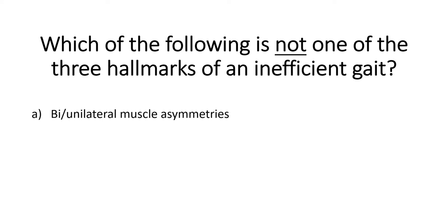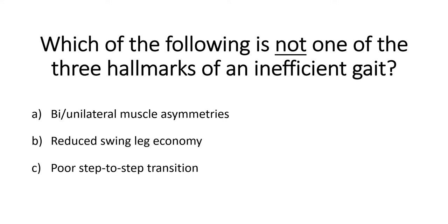So a uni or bilateral muscle asymmetry. B. Reduced swing leg economy. C. Poor step-to-step transition. D. Increased flexion in stance.